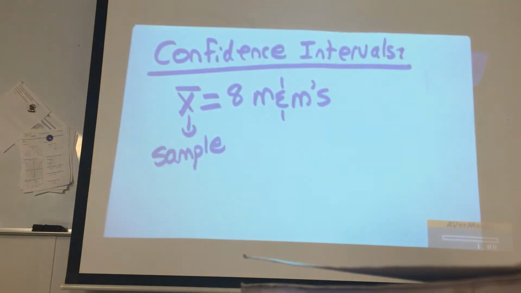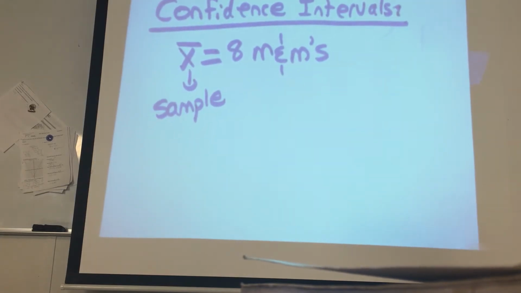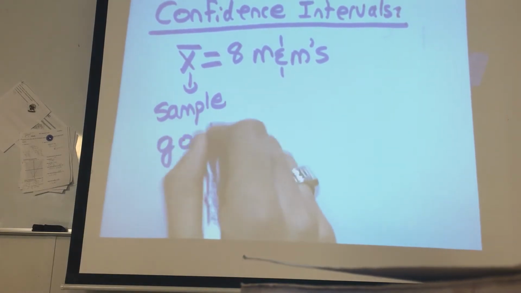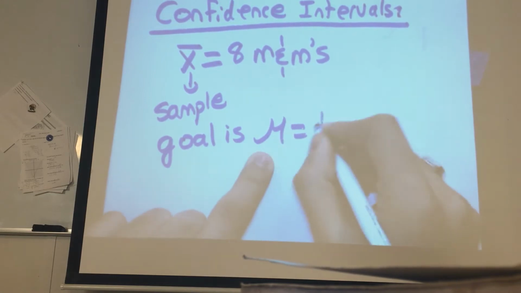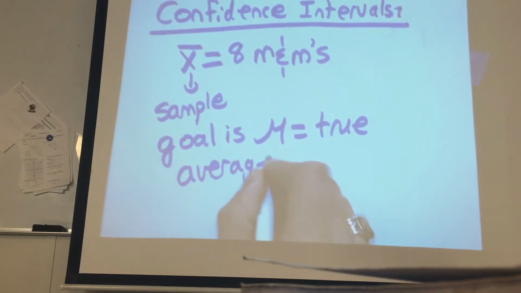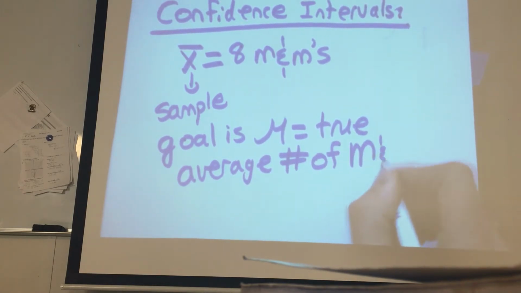Now, the question is, how many M&Ms are there actually? Like, what is the true average? And so our goal is to find this mu, which is the true average number of M&Ms.